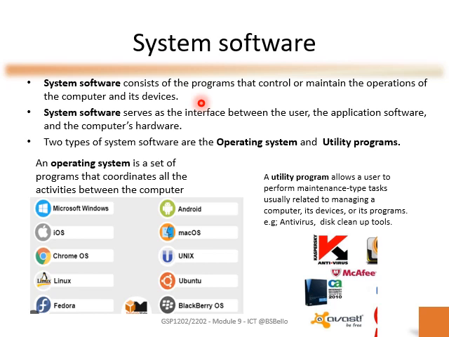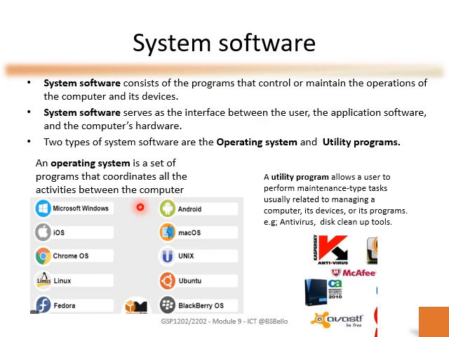So we have two types of system software: the operating system and the utility programs. The operating system is a set of programs that coordinates all the activities between the computer hardware and software.